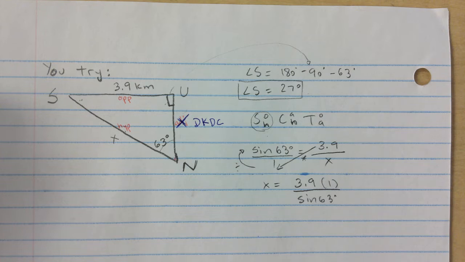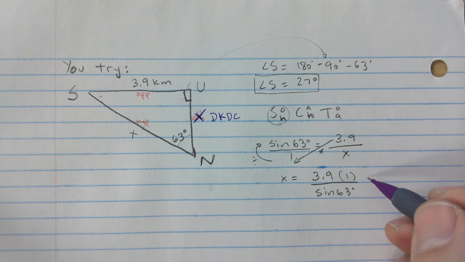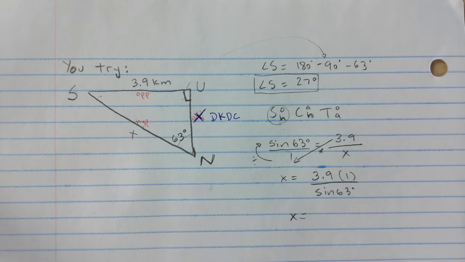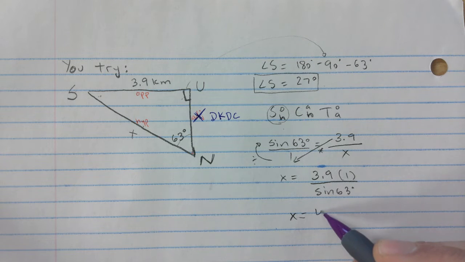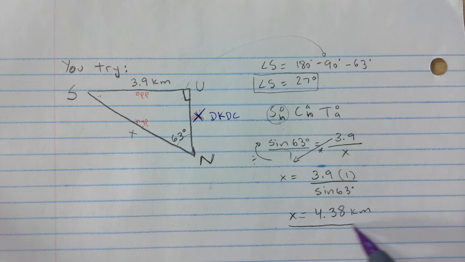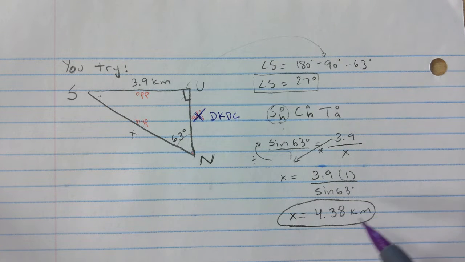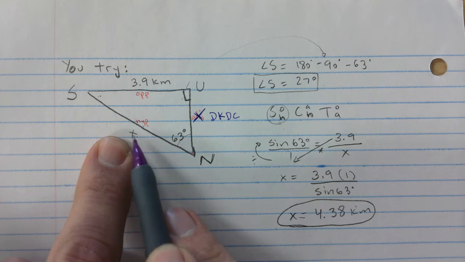Let me just adjust my camera here. So x is equal to 4.38 kilometers. Now we've solved one of the sides. We've solved for the hypotenuse.